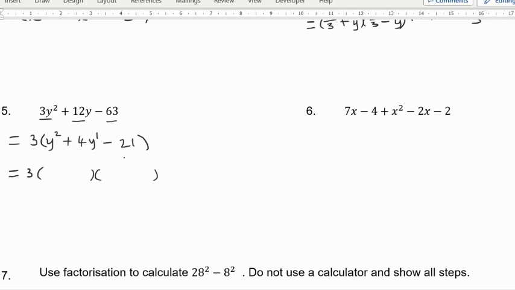It will break up into 2 sets of brackets. What do we need to do? We need to get the factor pairs of the constant: 21 and 1, 7 and 3. Is there another one? No, I think that's it. And we need to play around with the factor pairs, adding and subtracting them to see how they are going to get us back to that middle term of 4. 21 and 1 is not going to get us there. 7 and 3, yeah.